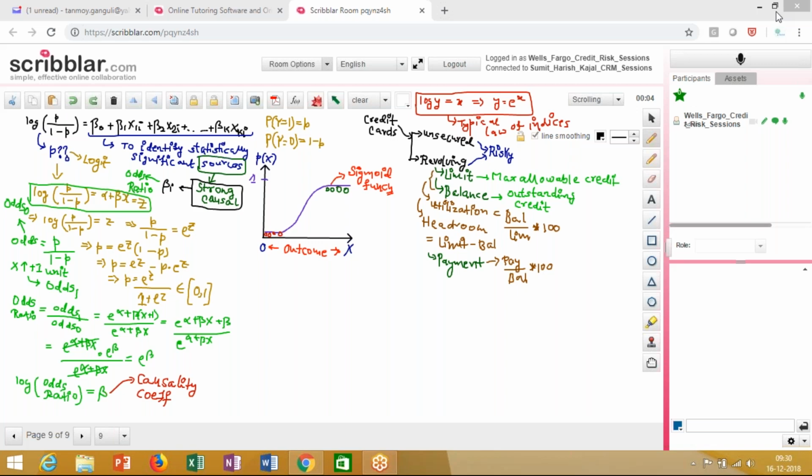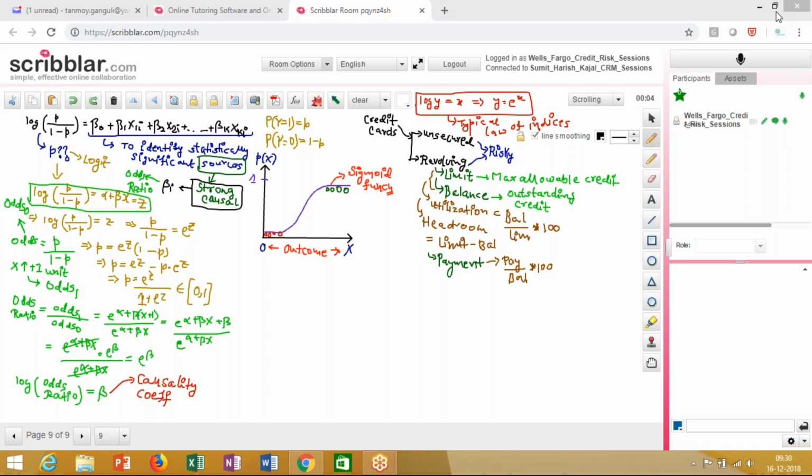Let's say I look into the limit of a borrower. I say that okay, this guy has a limit of 1 lakh on his card. Does that mean that this borrower is a risky borrower? It does not really mean that, right? Because he may have that limit because he is worthy of that.